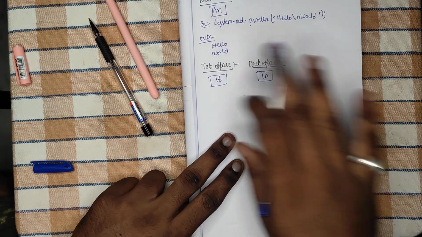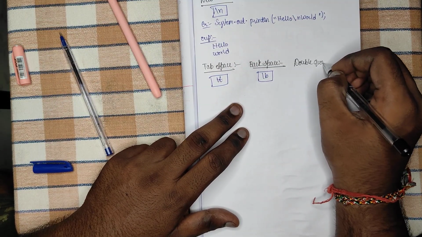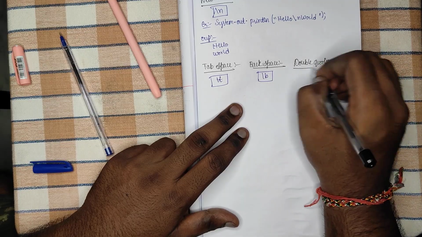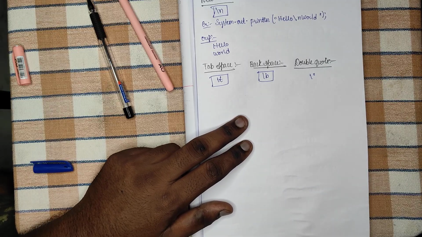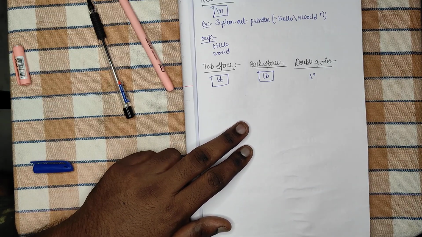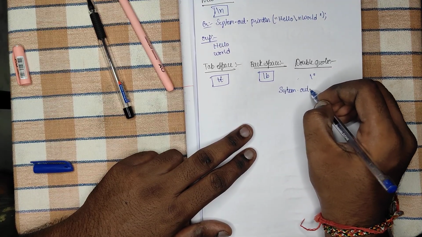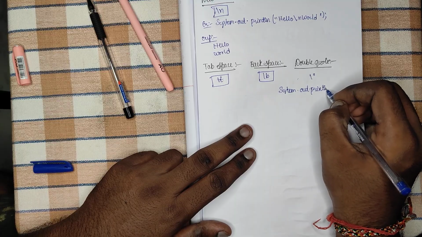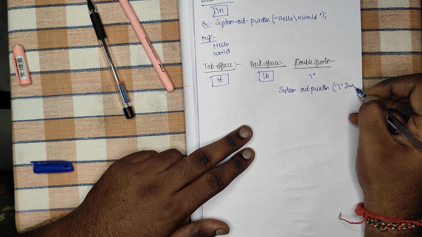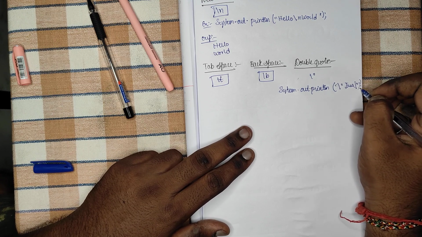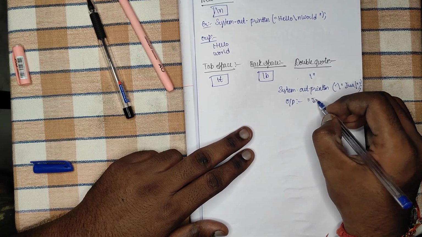Double quote is \". For example, if I'm going to say System.out.println("\"Java\""), the output will be "Java".